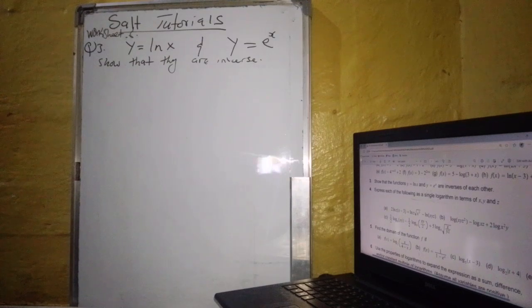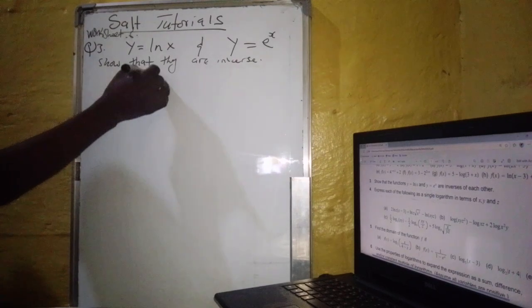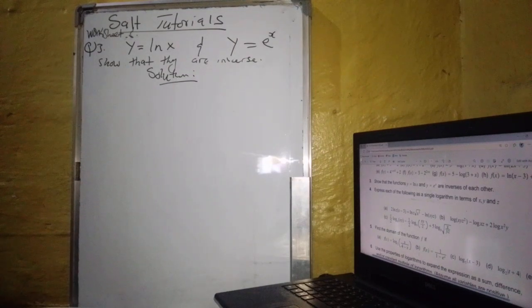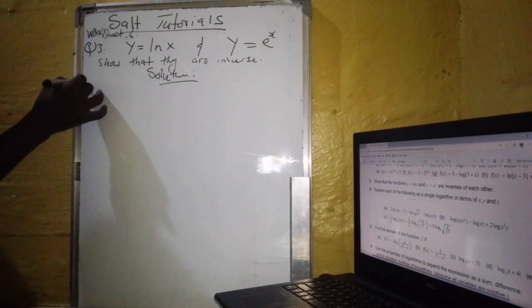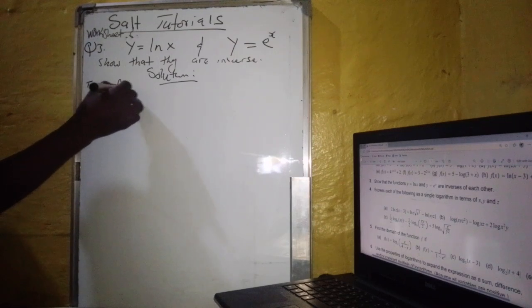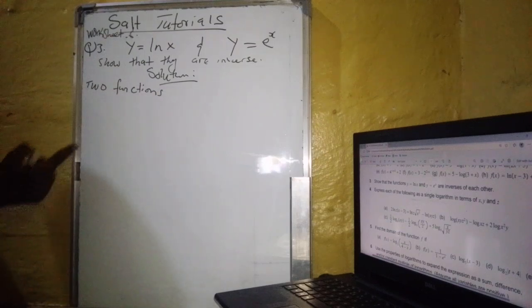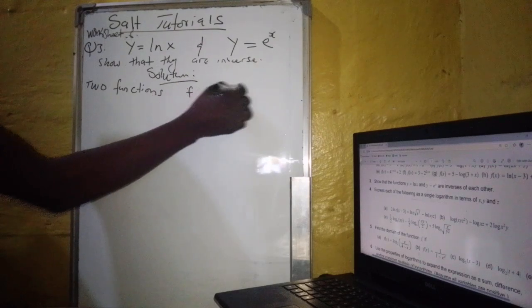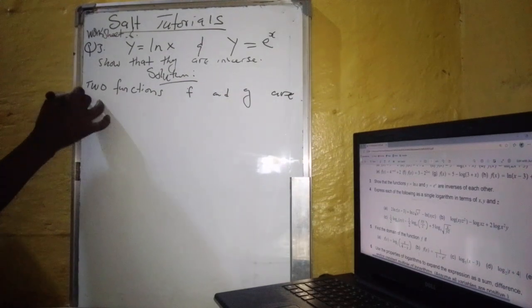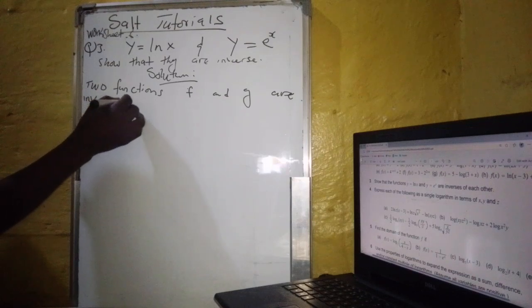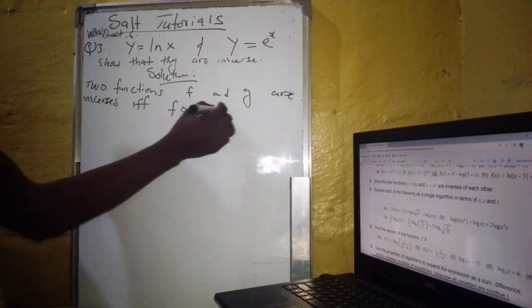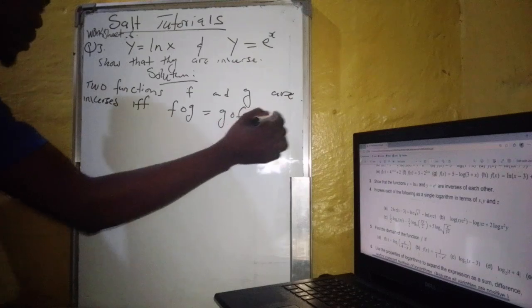In solving this one, we're going to recall the composite theorem, which stated that two functions f and g are inverses if and only if their composites f of g and g of f are both equal to x.